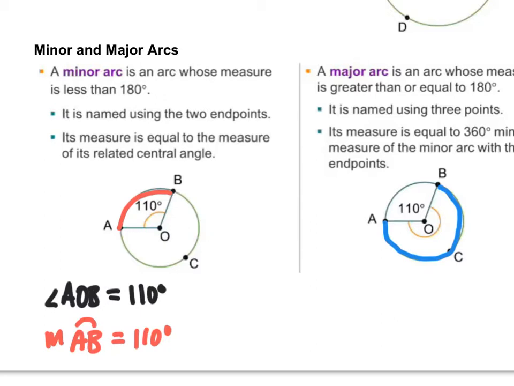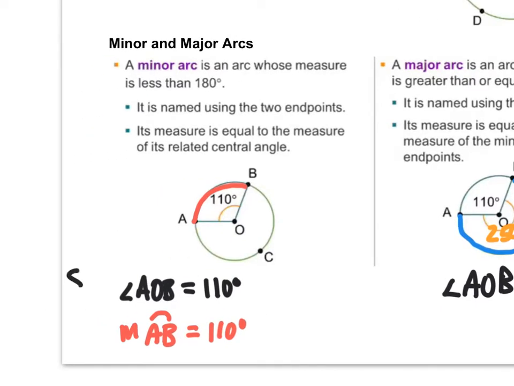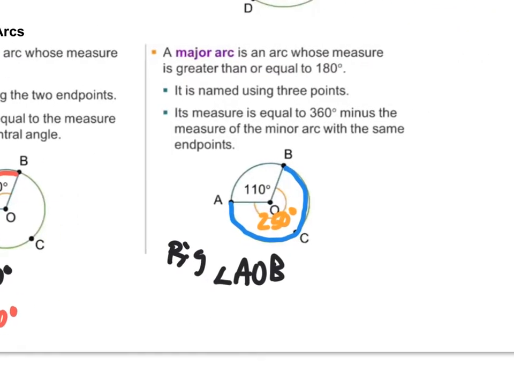So I know that this arc, or this angle measure, is 250 degrees. You could also say that angle AOB, this is the small angle and this is the big angle, is equal to 250 degrees.